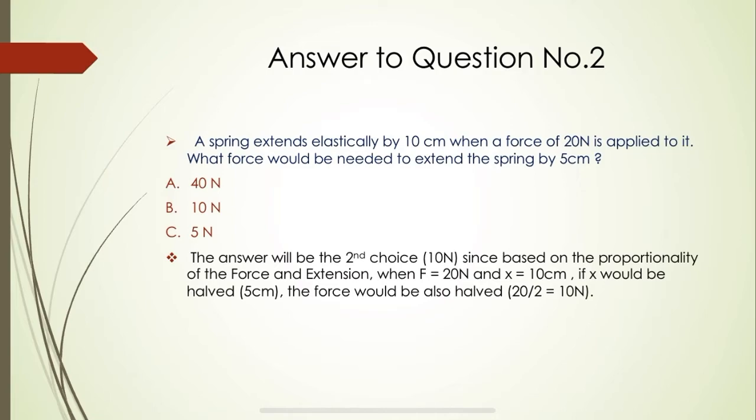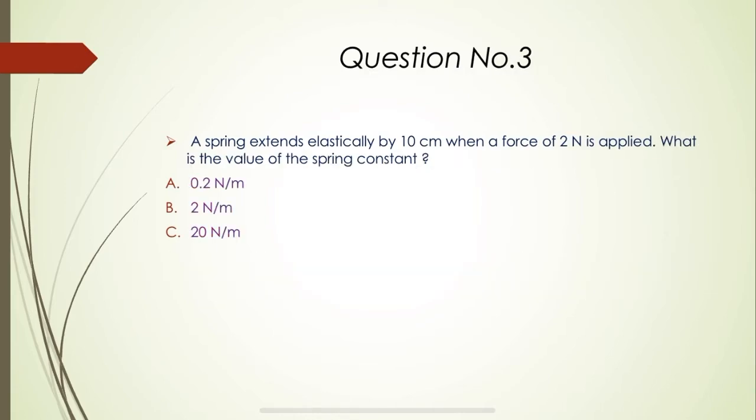So indeed the force would also be halved, which in this case, F1 is equivalent to 20. So F2, indeed, will be 20 divided by 2, equivalent to 10 Newton, which in this case is choice number 2, B.